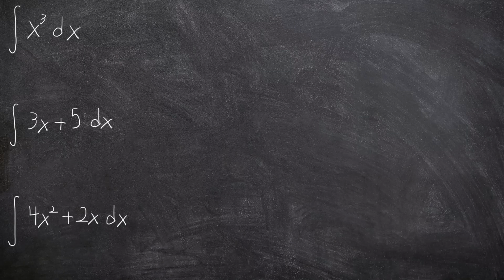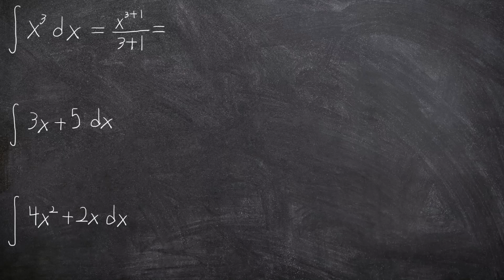So I got three basic integral problems we're going to start with, starting with the top one, x cubed. According to the integral power rule, we would just simply write this as x to the 3 plus 1 over 3 plus 1.